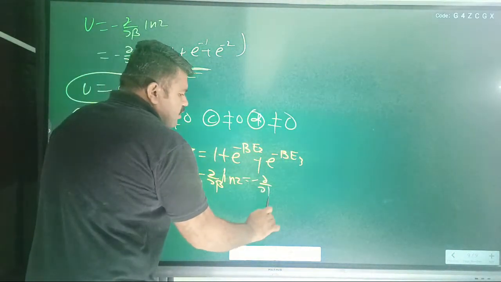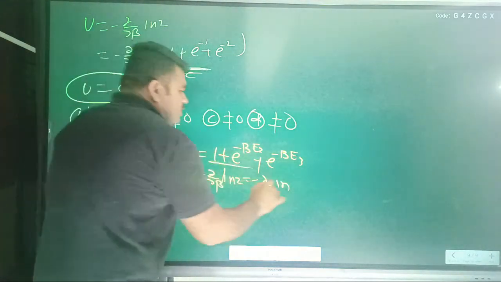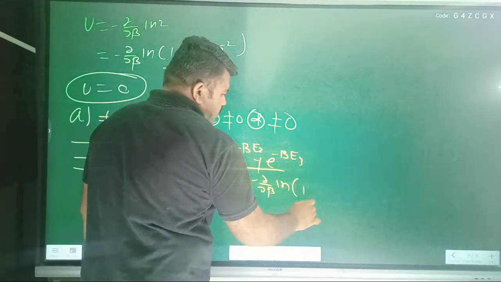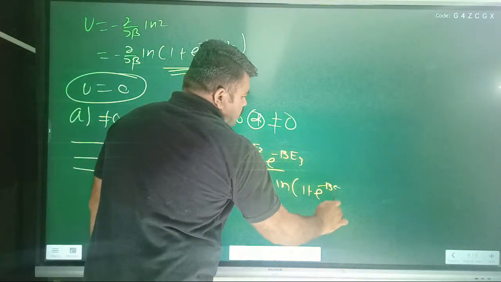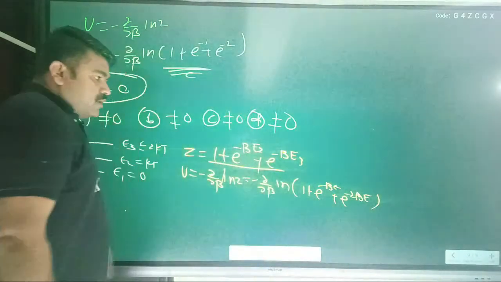Okay, this is equal to how much? Minus ∂ upon ∂β ln of what is the value of z? Z is nothing but 1 plus e to the power minus beta epsilon plus e to the power minus 2 beta epsilon. Clear? And what is the derivative?